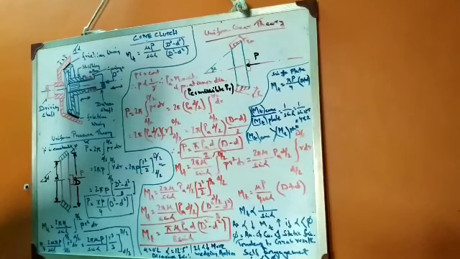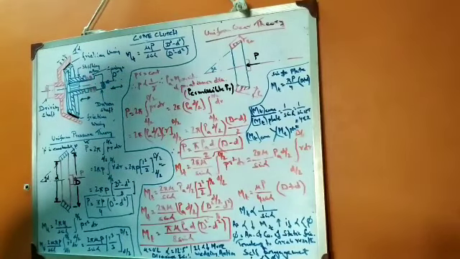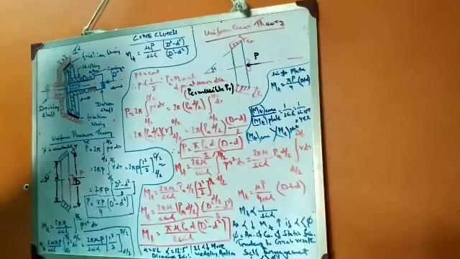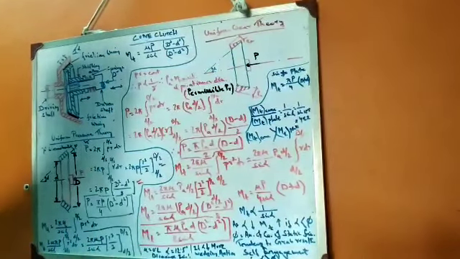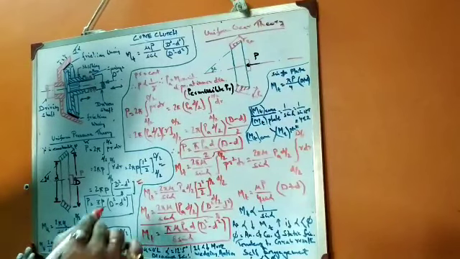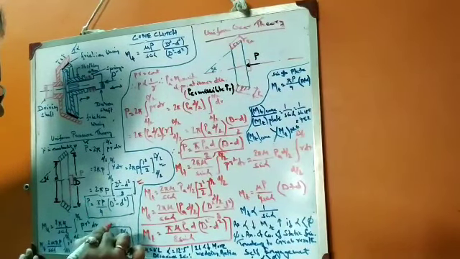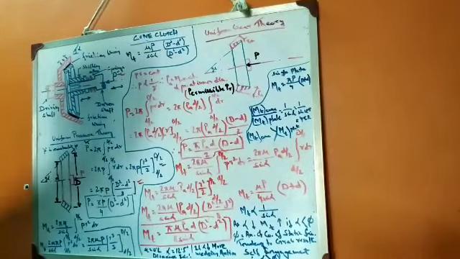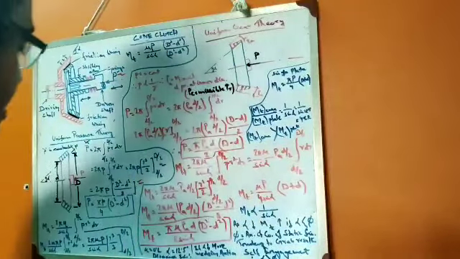After integration and putting in the values, we have got this form. Now see, this is not the pressure, this is the applied load. This is the applied load for a uniform pressure when the clutch is new and we are considering uniform pressure theory.